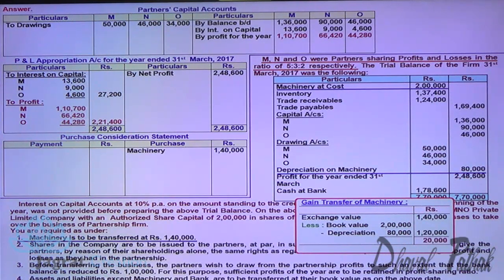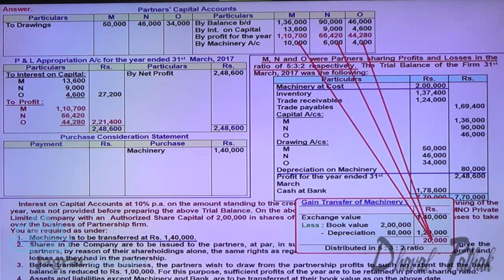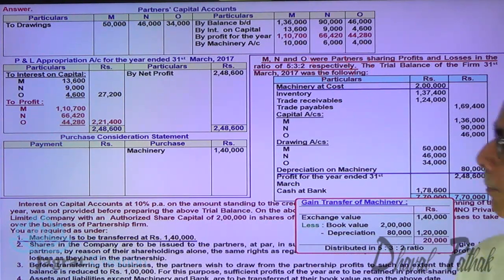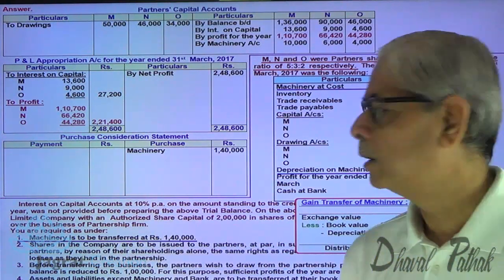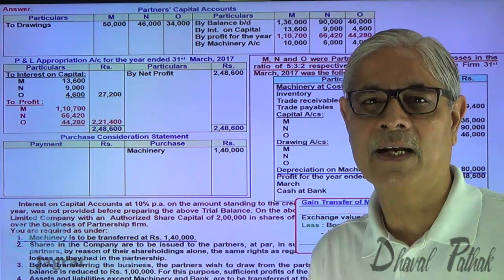Profit 20,000. That is distributed in the ratio of 5:3:2. This profit is credited to the capital accounts of the partners. 20,000 into 5/10, 10,000, 6,000 and 4,000. This is how machinery is transferred at 1,40,000. Profit on transfer of machinery is credited to the partners' capital account. This is how this first point is addressed.